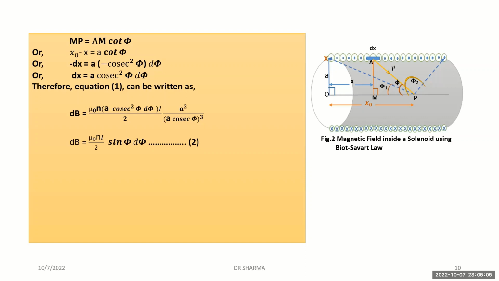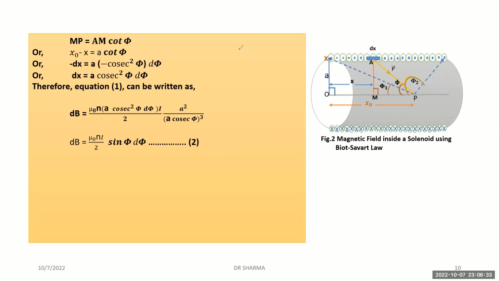Now your job is to just integrate this equation, because this flux density is due to that elemental length only. To get the total magnetic field, you have to integrate this equation throughout the length of the conductor in angular limits. That is from phi 1 to phi 2.